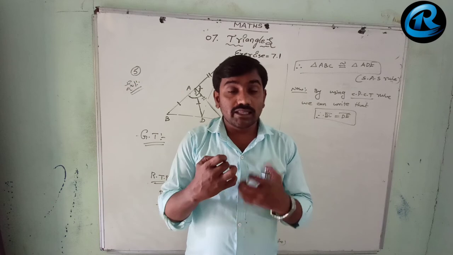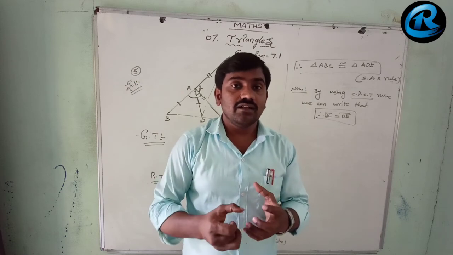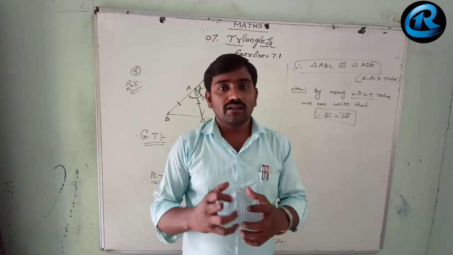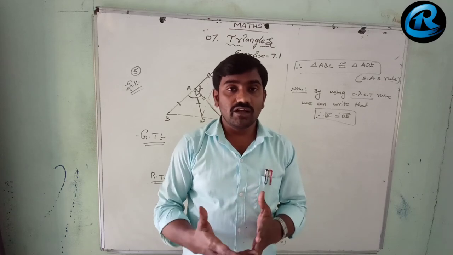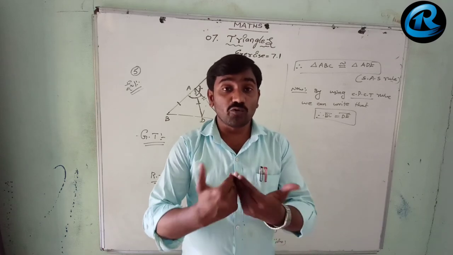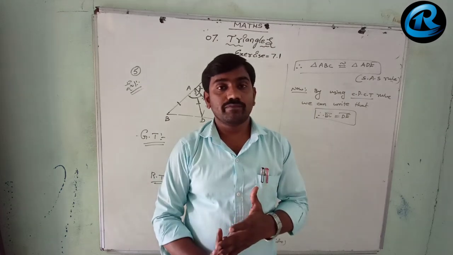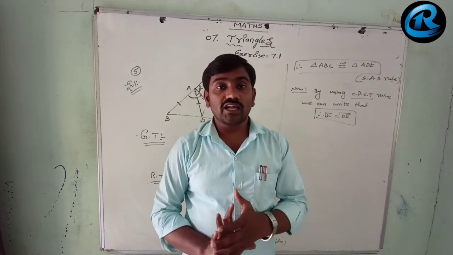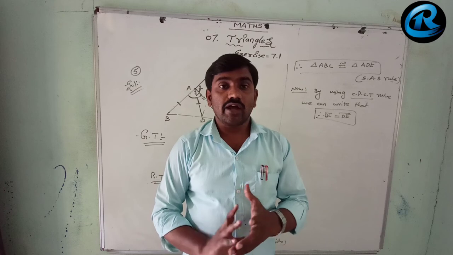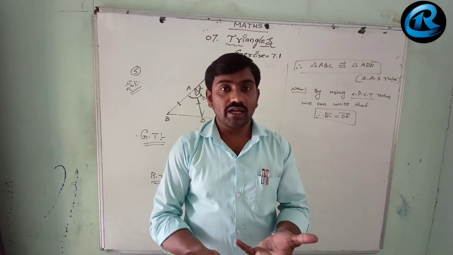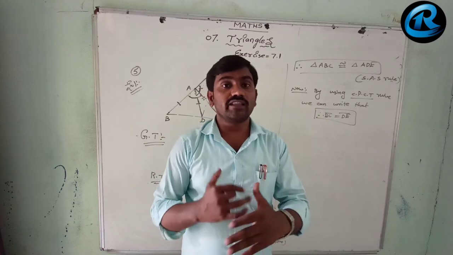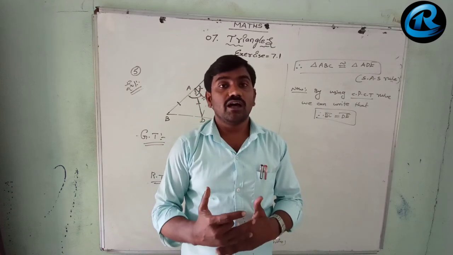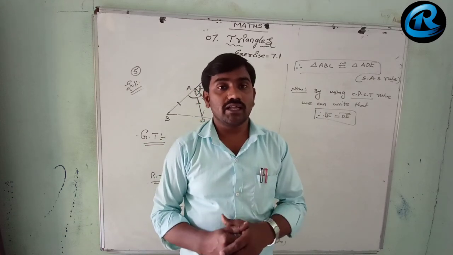You have to think which sides and which triangles we have to take, which sides are given, which angles are given, which are equal, and which triangles we have to prove congruent. Then you choose those triangles and make them congruent, and sometimes use the CPCT rule to show that the remaining corresponding parts of congruent triangles are equal.